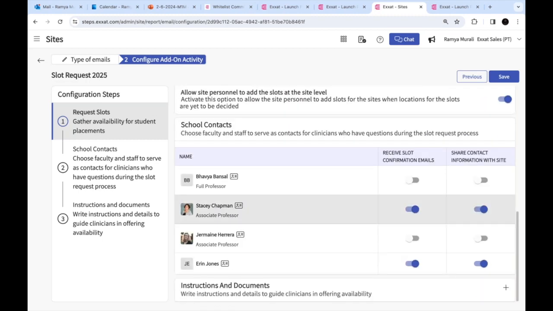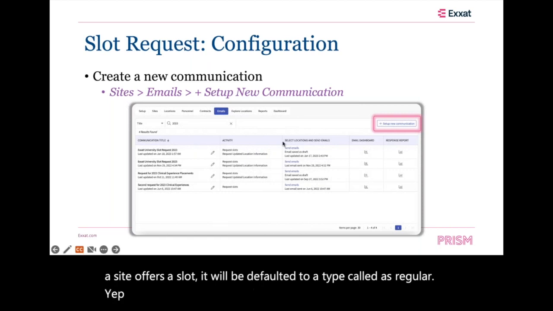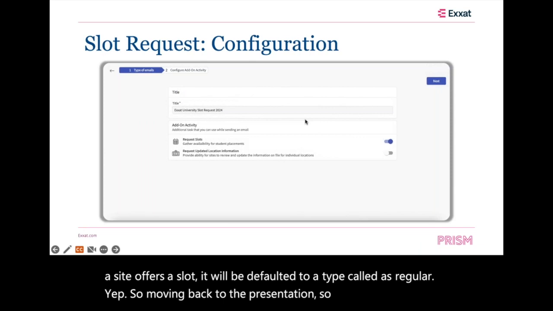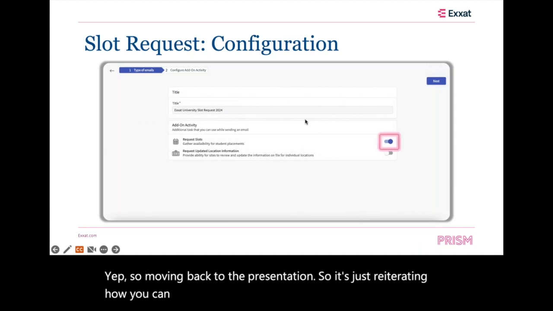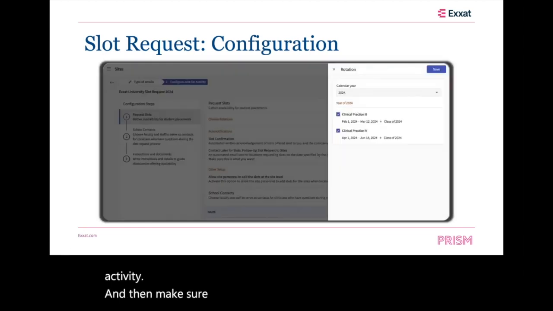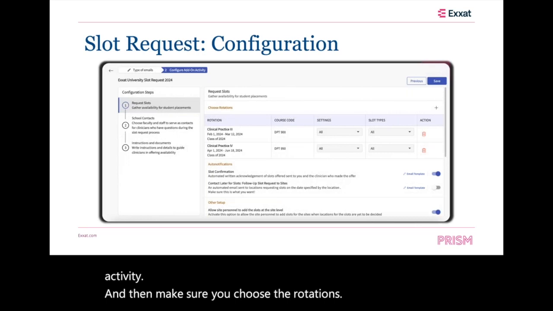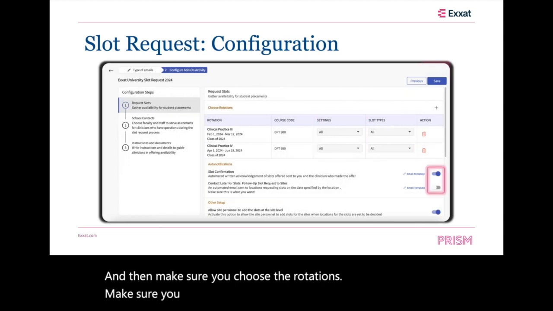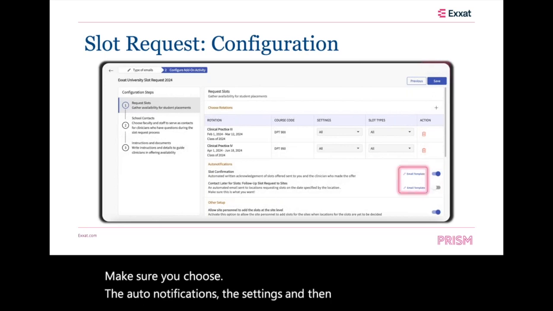Yep. So moving back to the presentation, it's just reiterating how you can configure the request: set the title, turn on this activity, and then make sure you choose the rotations. Make sure you choose the auto notifications, the settings, and then the slot types.